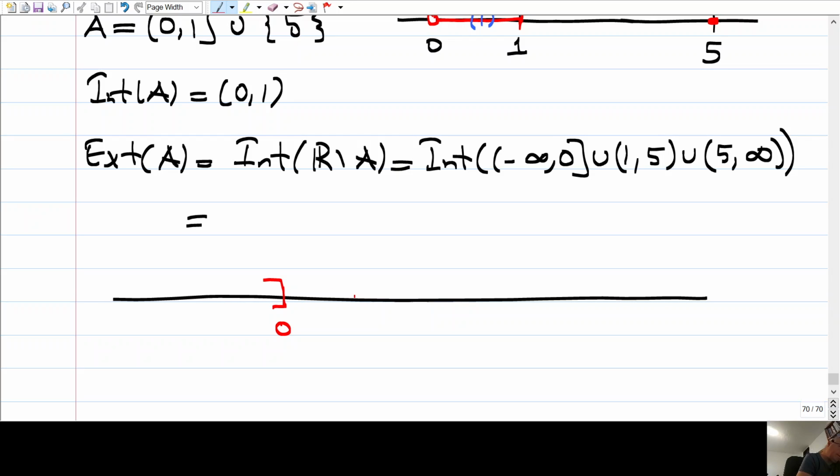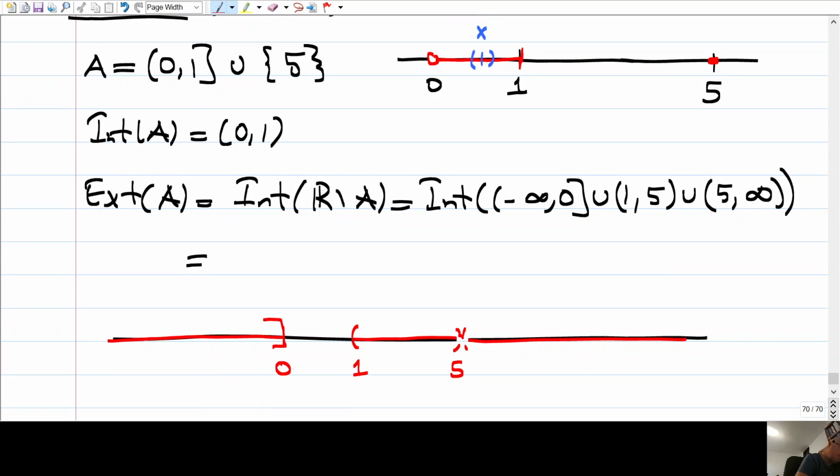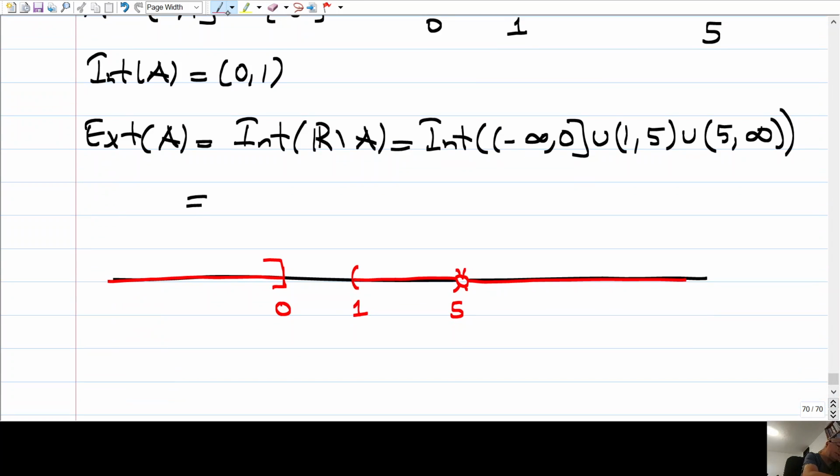And then I have 1 to 5. And 5 to infinity. Okay, so here, this one and this one. This point, of course, excluded. Maybe I should write it this way. Okay. So what are the interior points of this?